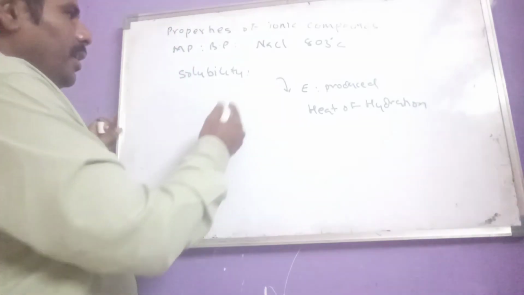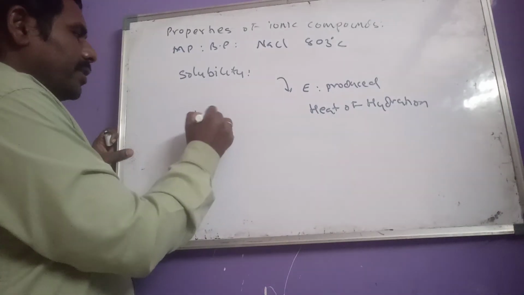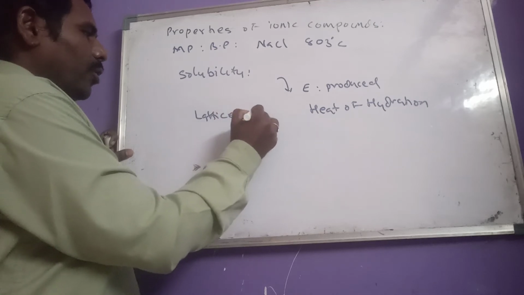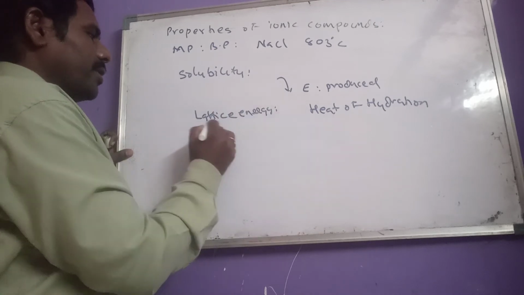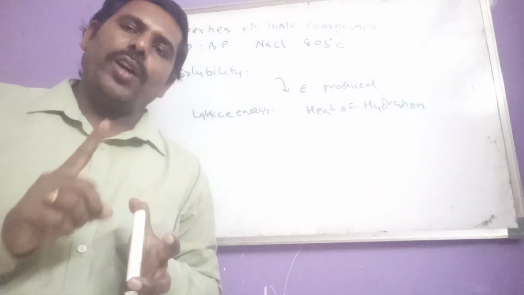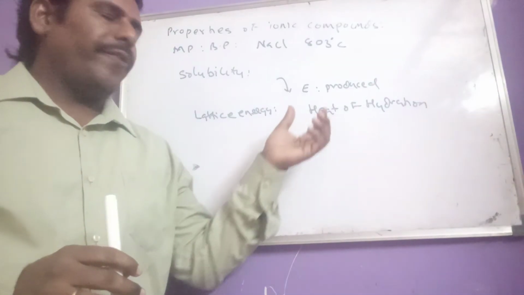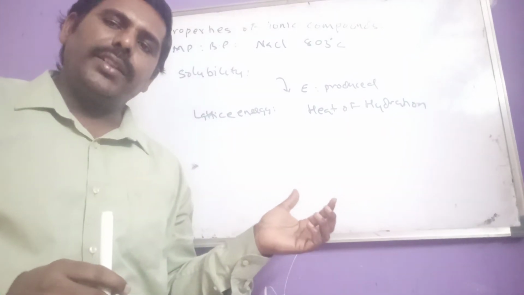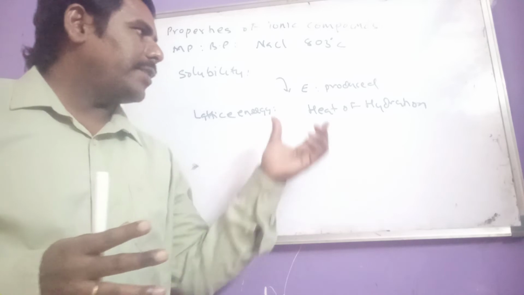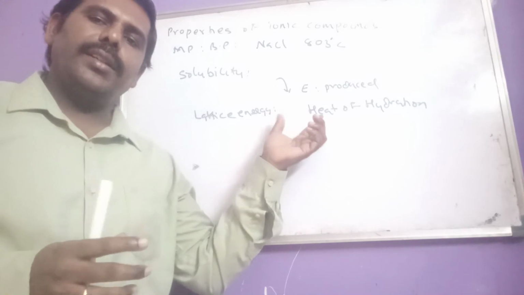Now, the amount of heat energy to disperse an ionic compound into its constituent ions is known as lattice energy. Now one condition here: if NaCl is dissolved in water, whether it dissolves or not depends upon these two factors.